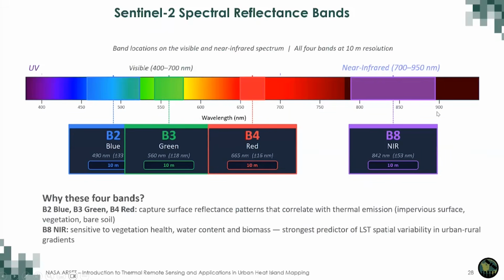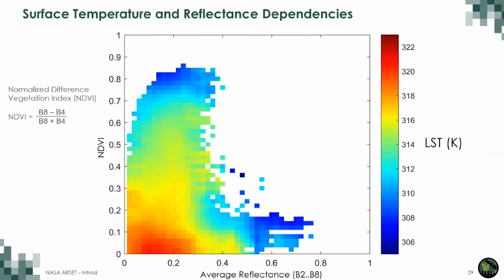This is right on the edge of the infrared spectrum that ends at around 900 nanometers. And this band actually has the opposite information to the other 3. It's sensitive to vegetation health, chlorophyll content, and water content, and it's one of the strongest predictors of LST spatial variability in urban-rural gradients whenever you have vegetation involved. We'll go over that a bit later as well.